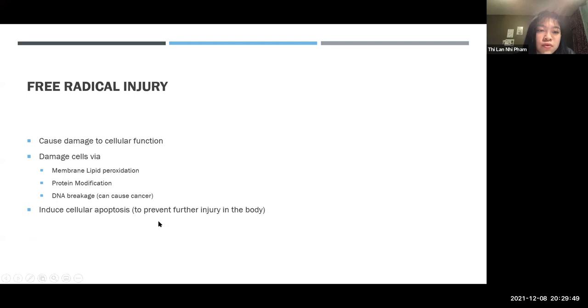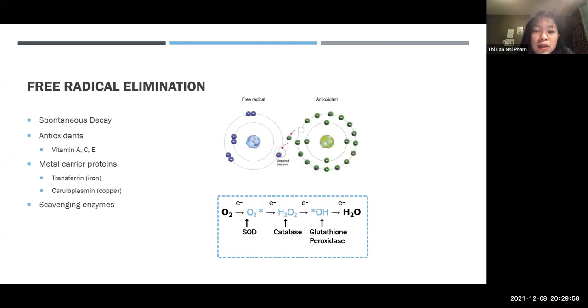Also, free radicals induce cellular apoptosis, which is cell death, to prevent further injury in the body. So how do we eliminate all these processes? First of all, spontaneous decay. As I talked about before, free radicals are very short-lived, and they eventually disappear shortly.